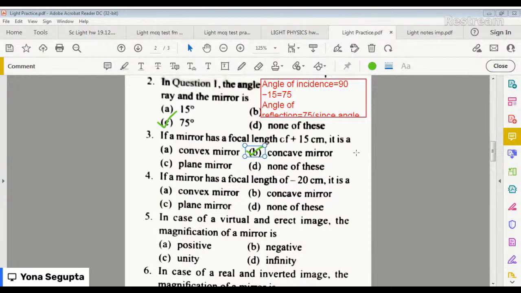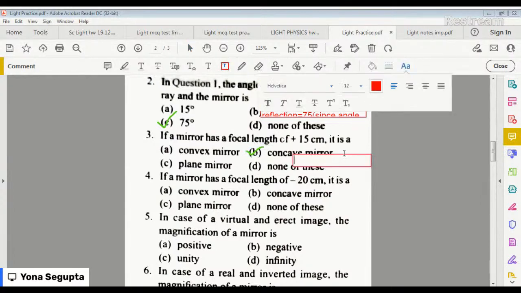Concave mirror here. Why? Again, I am writing it down. Just give me a moment. Here. Number 3 is this one.